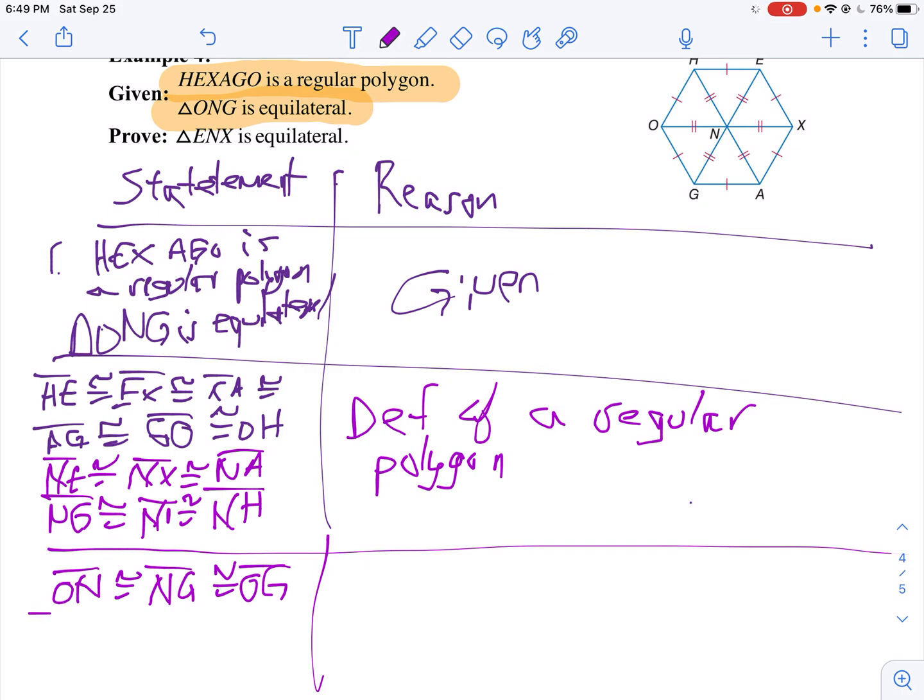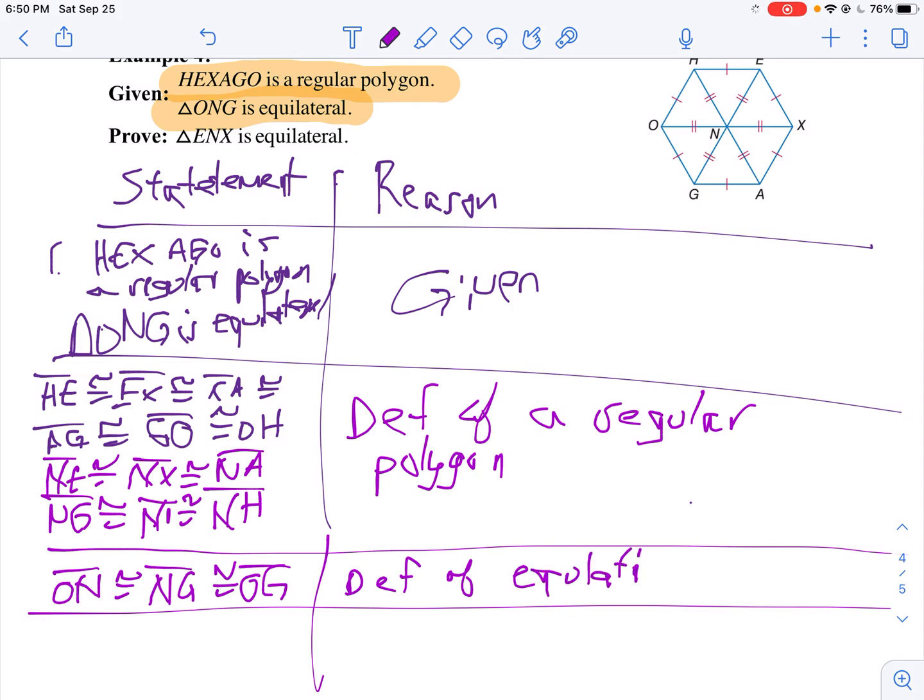Why? Definition of equilateral triangle. It has three equal sides. In other words, anything with one tick mark also has two tick marks. In other words, everything is congruent now, isn't it?